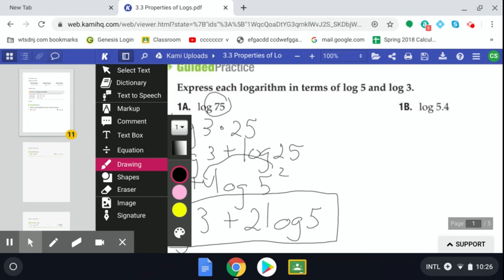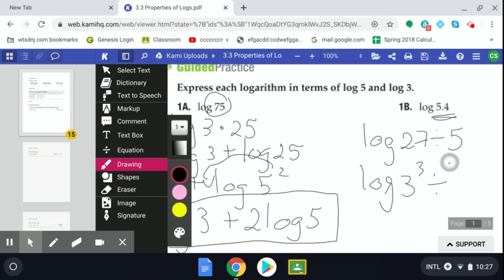I know that 27 divided by 5 is 5.4, so I rewrote that as log of 27 divided by 5. And that will give me my 5.4. The problem is 27, I need to rewrite in terms of 3. And I know that 3 cubed is 27. So I'm going to do that step first, and I am going to write 27 as 3 to the third power. So I have now log of 3 to the third divided by 5.